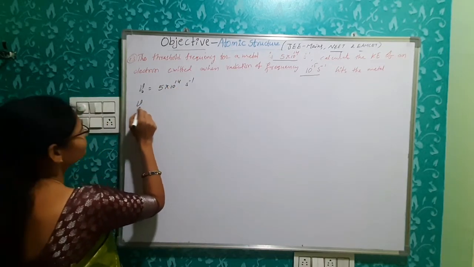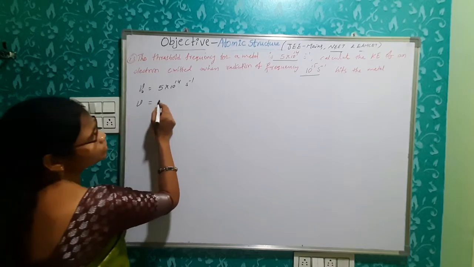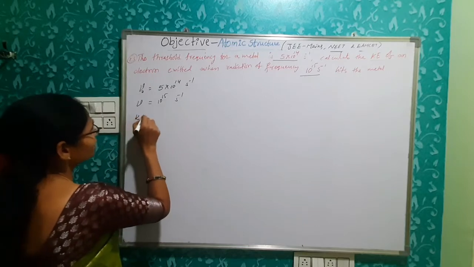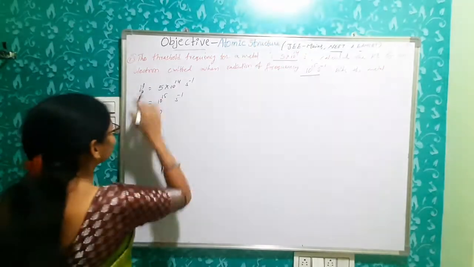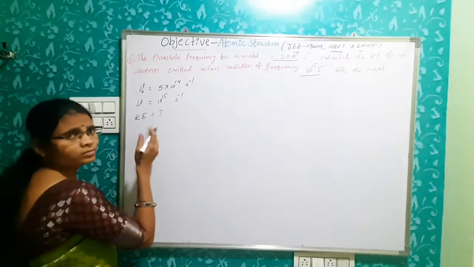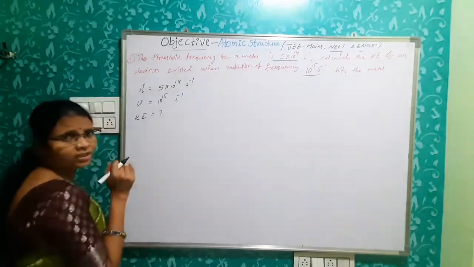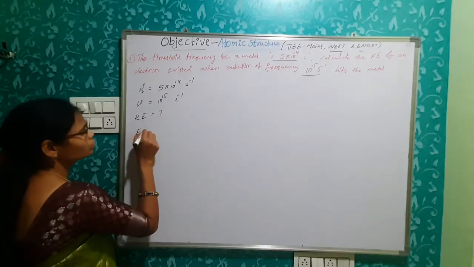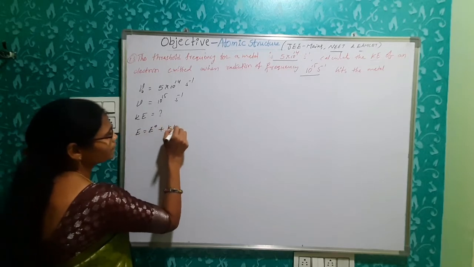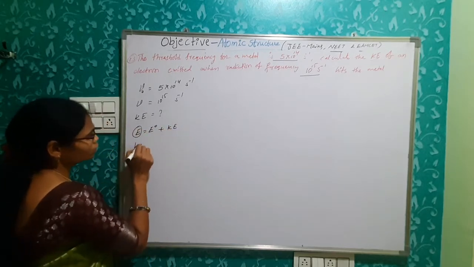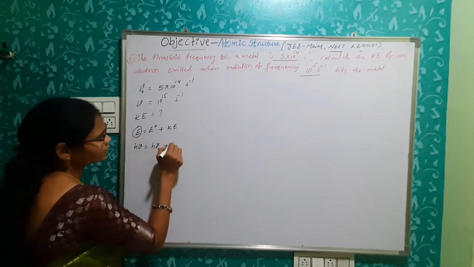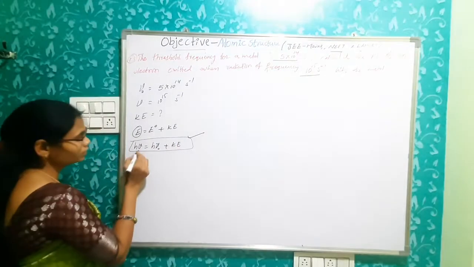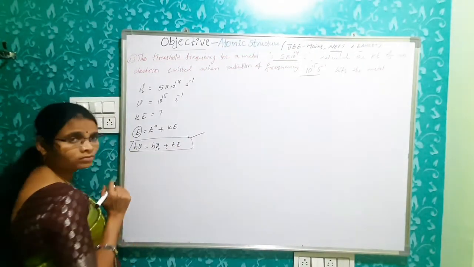Incident frequency nu is equal to 10 power 15 second inverse. Calculate the kinetic energy. So what is the relation between them? Simply this is the photoelectric effect. So E is equal to E naught plus KE. E is nothing but h nu, equal to h nu naught plus KE. We have to use this formula because frequencies are given in the question.